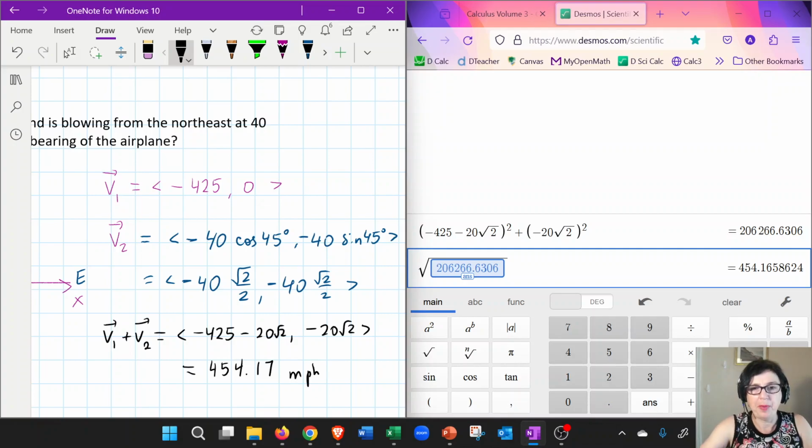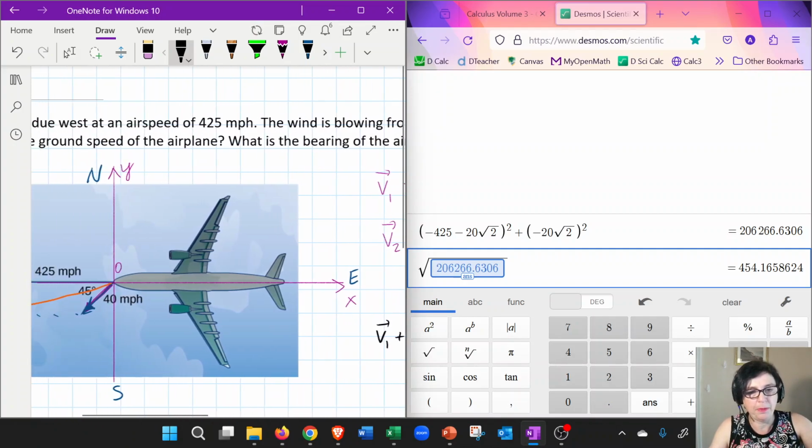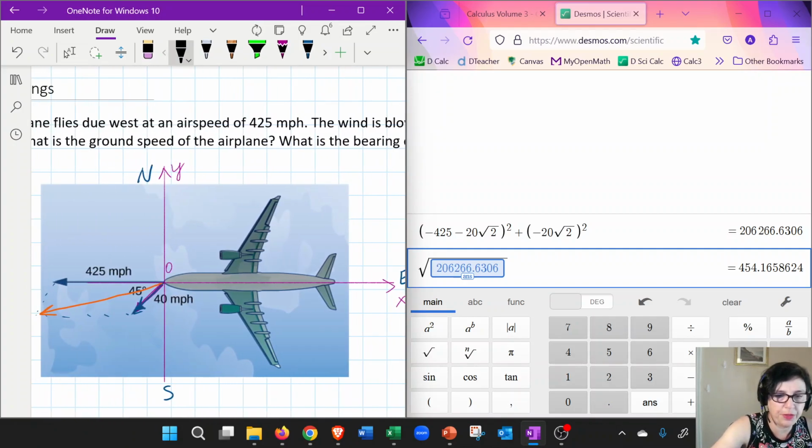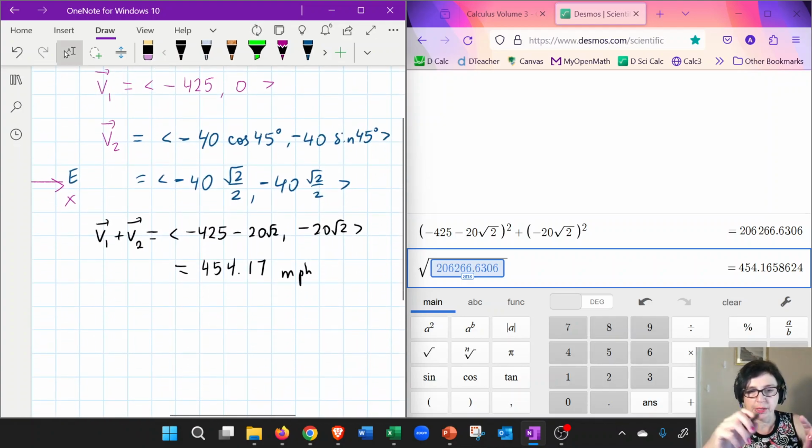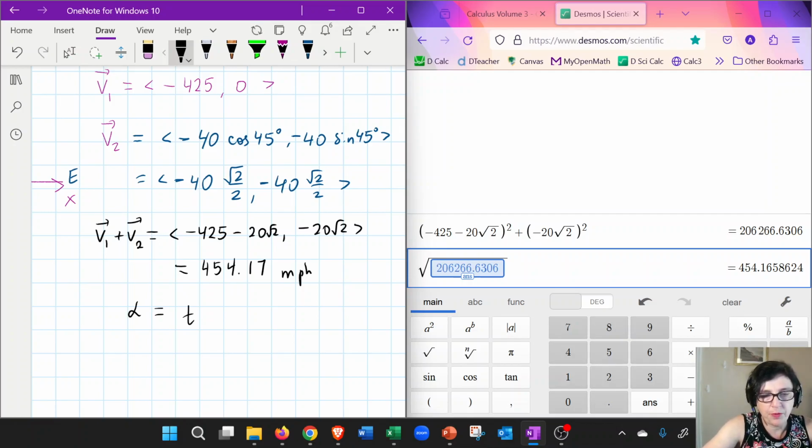Now, the bearing of it, I think what they mean is the angle of this vector with the x-axis. They're trying to figure out what that angle is. When you have two components, x and y, and you're trying to figure out the angle, let's call it alpha, this is going to be inverse tangent of the absolute value of y divided by x.